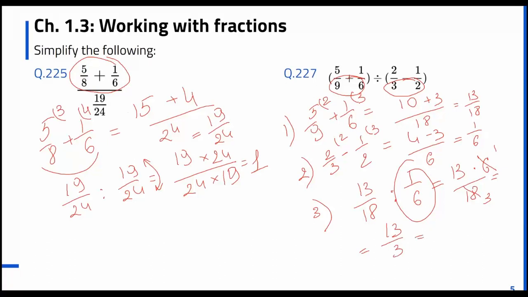You can either leave it as it is, or you can divide and have 4 and 1/3. Both variants are fine. The first one, the unsimplified one, is better for multiplying and dividing if you have next steps. This one is like the official end of the task. You cannot do anything with it more.